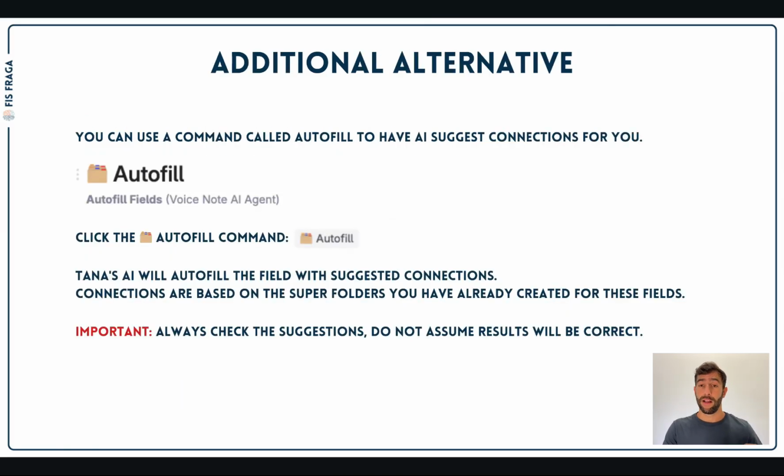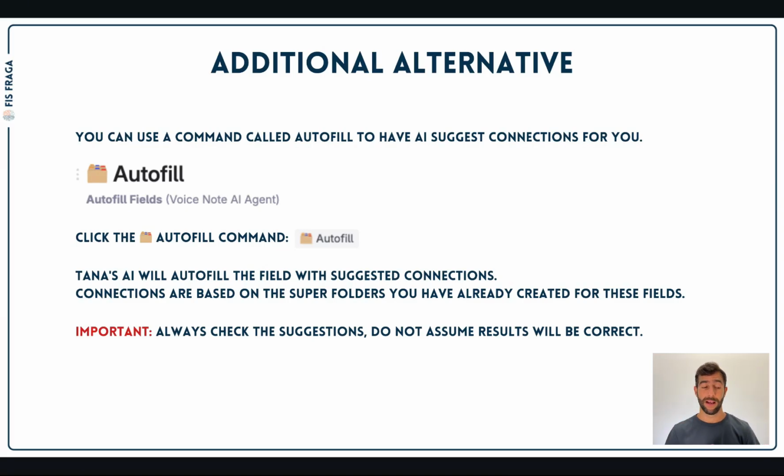Now here, I want to give you an additional alternative other than manually selecting the locations in which you want to save something. We also have the option to autofill. You can use this command called autofill, where AI will suggest connections for you. All you have to do is click the autofill command that appears in your voice notes, and then Tana's AI will autofill it with the suggested connections.